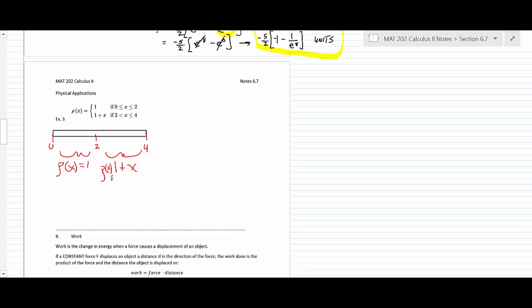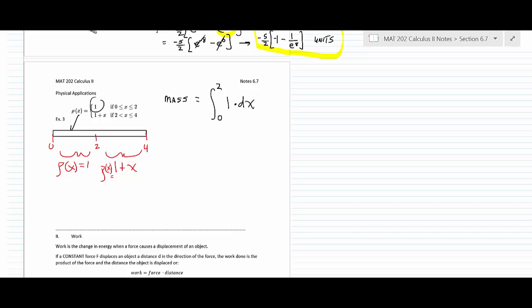So if you're going to find the mass on this, you have to do 2 integrals, because there are 2 different functions. The first thing you would do is the integral from 0 to 2 of rho, which is 1, times dx, and that would take care of that piece.